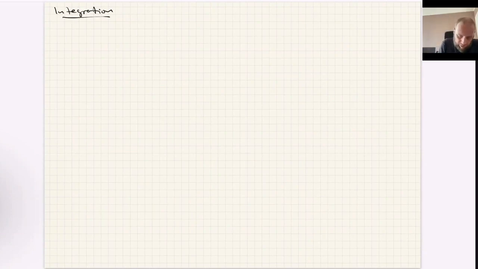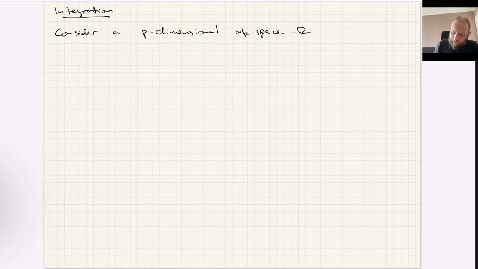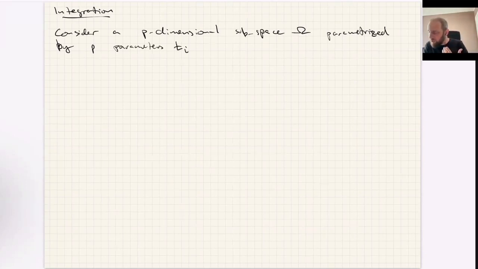So we consider a p-dimensional subspace omega parametrized by p parameters, and I'm going to call them t^i, where i runs from 1 to p.